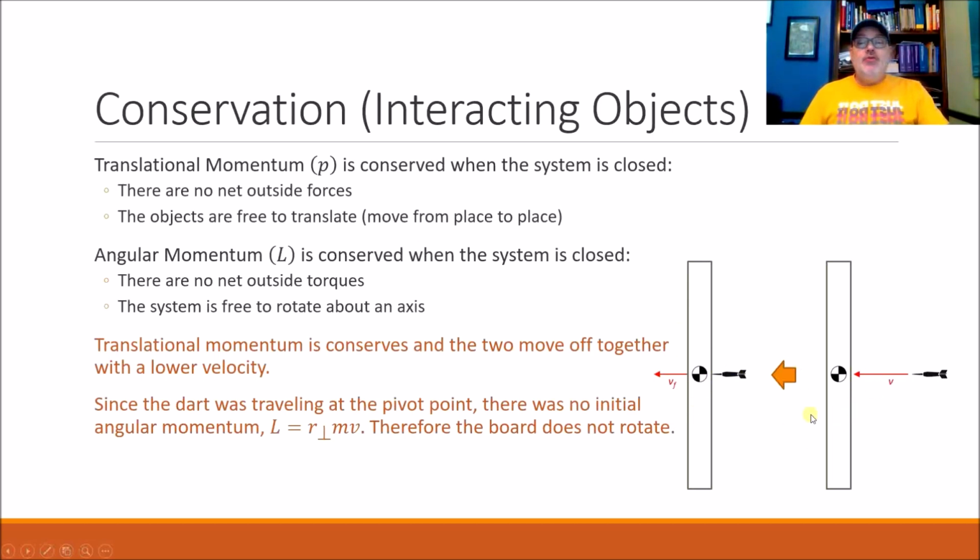But it's not going to rotate because there was no lever arm or torque produced outside of the pivot point. Another way to look at it is that since this is the pivot point, there is no angular momentum to start for the dart because its line of action passes through the rotational point.